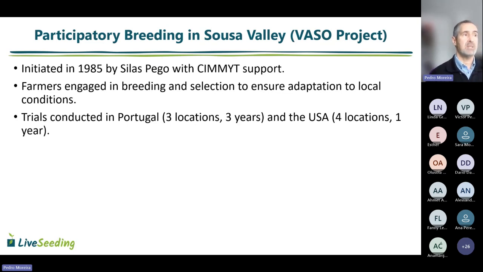So there was CIMMYT support, but then we entered the European community in '86, and so this was stopped. But in this process, farmers were engaged in breeding and selection to ensure adaptation to local conditions.